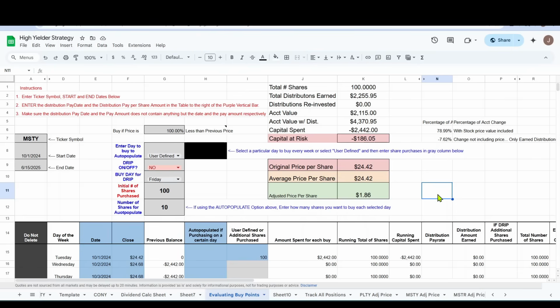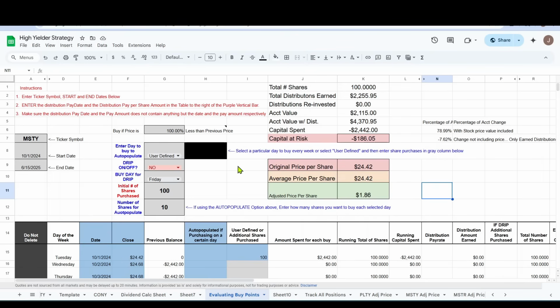Well, before we switch the dates just to see what those would look like, let's just go ahead and throw on the drip for this example here before we change that date, just to show you a little bit more proof that it does kind of matter the prices that you do buy these ETFs at.